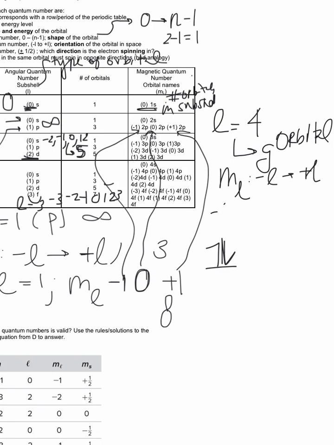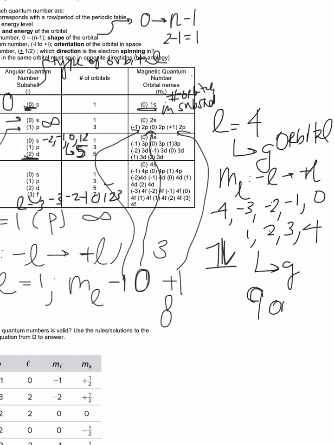And so you go from -4, -3, -2, -1, 0, 1, 2, 3, 4. So 1, 2, 3, 4, 5, 6, 7, 8, 9. So for the G subshell, we would have 9 individual orbitals.